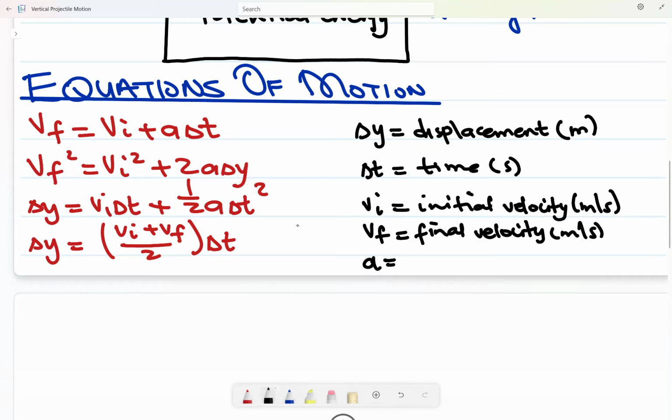And lastly, we have gravitational acceleration, in meters per second squared, and it has a value of 9.8 meters per second squared. It is acting downwards, I don't have enough space, but it is acting downwards.